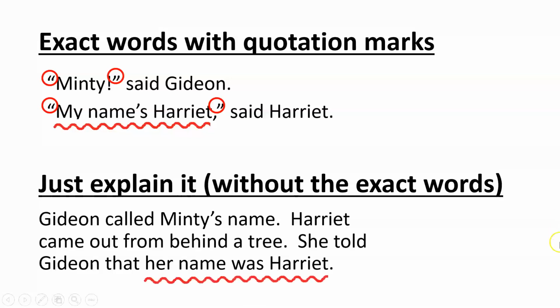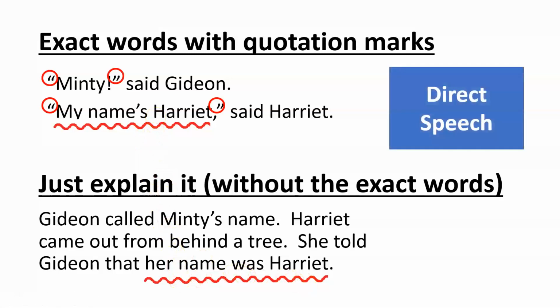So what's kind of interesting here is that this sentence, "My name's Harriet," changes when we just explain it, and it turns into "her name was Harriet." So there's a difference in the grammar here with the two different ways of telling the story. The first way of telling the story is called direct speech.